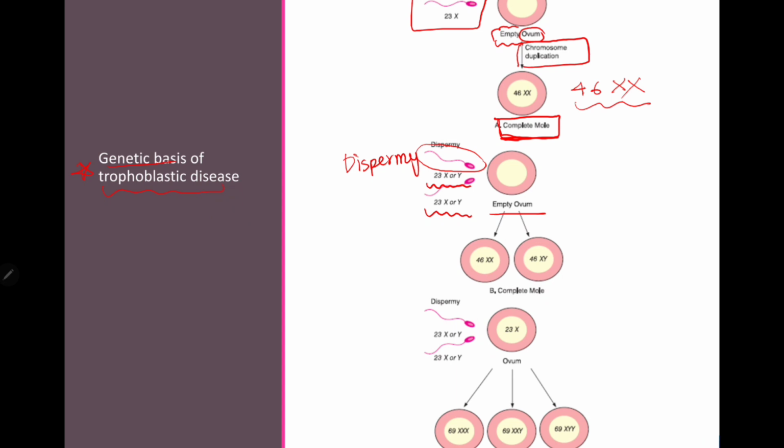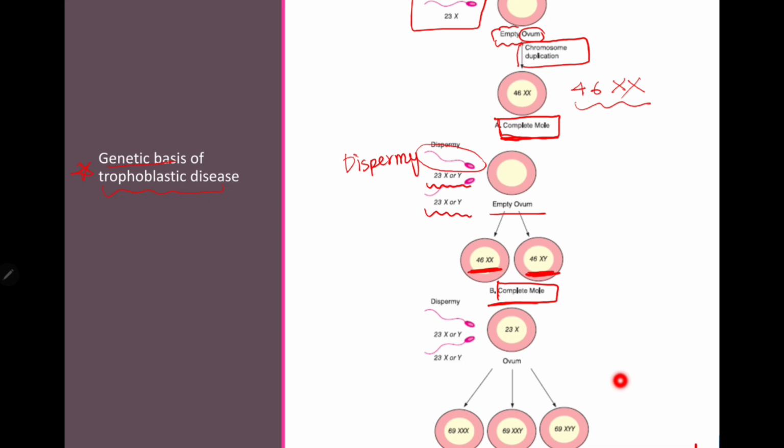Now this can result in 2 scenarios. 23X plus 23X can result in 46XX, or a 23X and a 23Y can result in 46XY. This is also a complete mole. So 46XX and 46XY are again a complete mole.